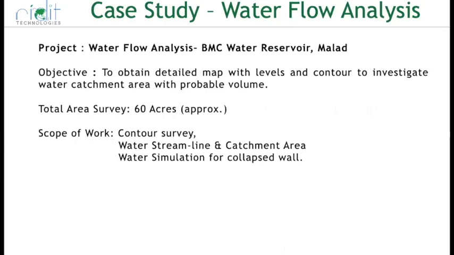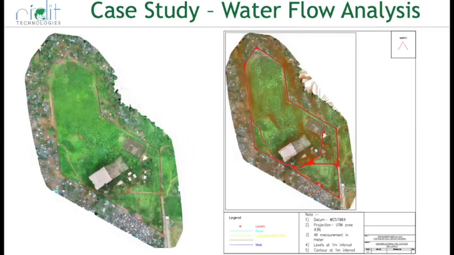As I said, the first case is the Malad water reservoir. This is an area on a hillock. Last year, in the month of July, an incident happened in this particular case.